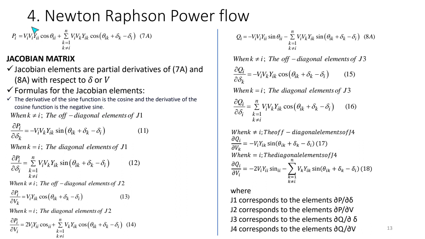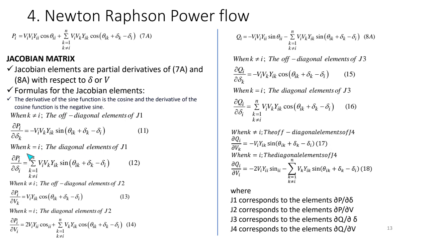In the first term there is no delta k, so it is a constant and becomes 0. In the second term we have delta k inside the cos, and the partial derivative of cos gives a minus sign. So we get minus Vi, Vk, Yik sine of theta ik plus delta k minus delta i, which is represented as equation 11.